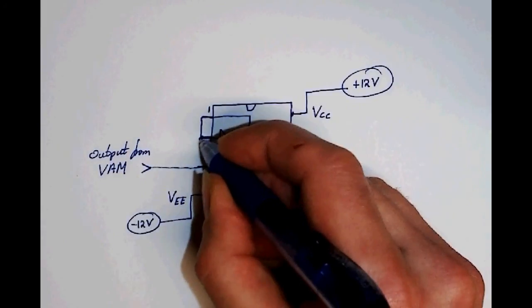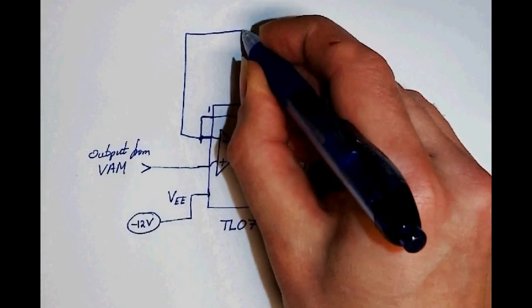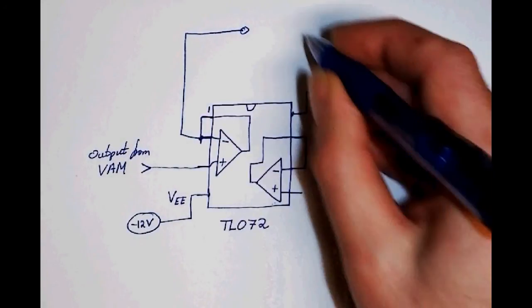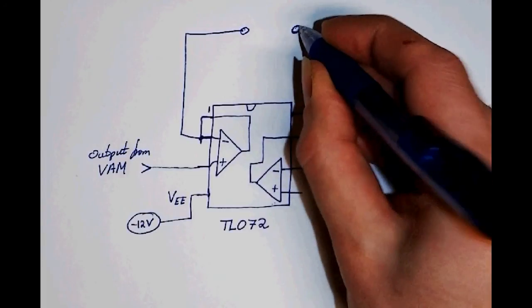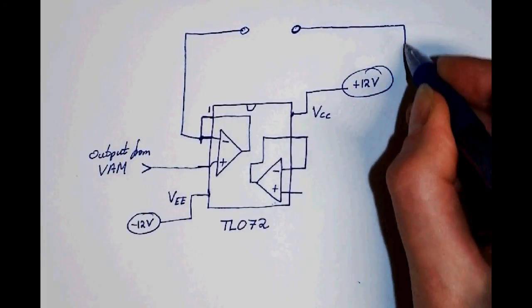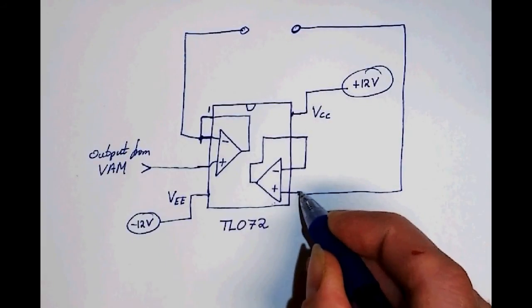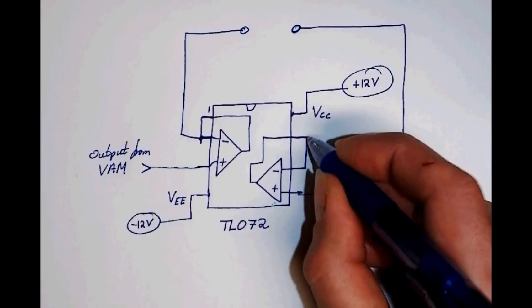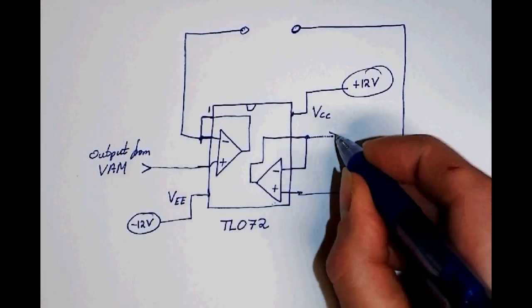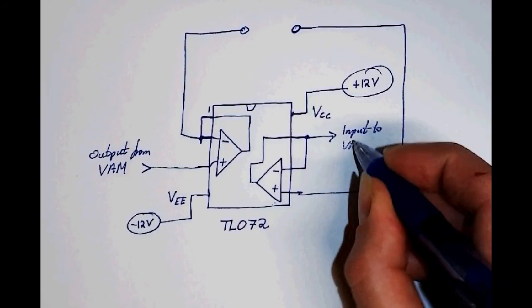And the signal here would go to our test network. Then our test network here would connect into the input of our second buffer, the output of which would go and drive the input to the VAM.